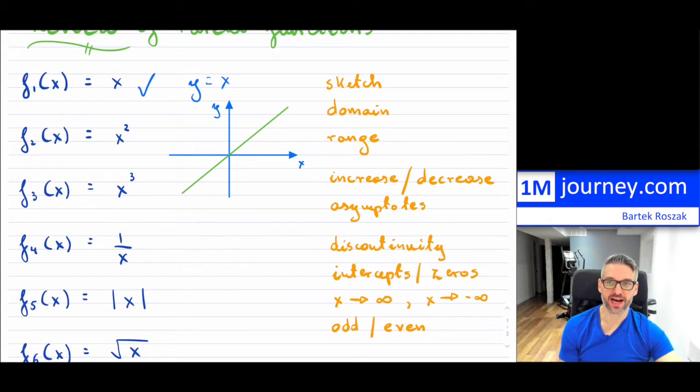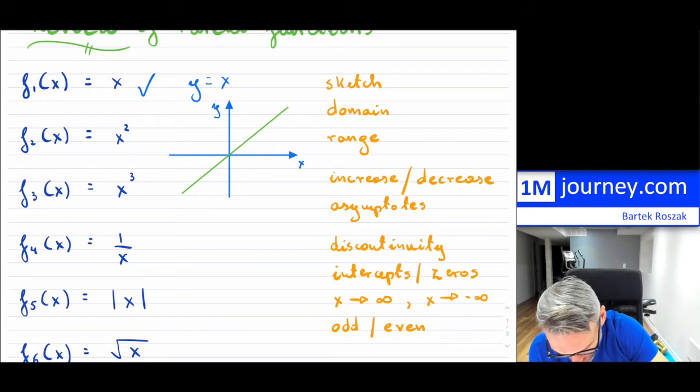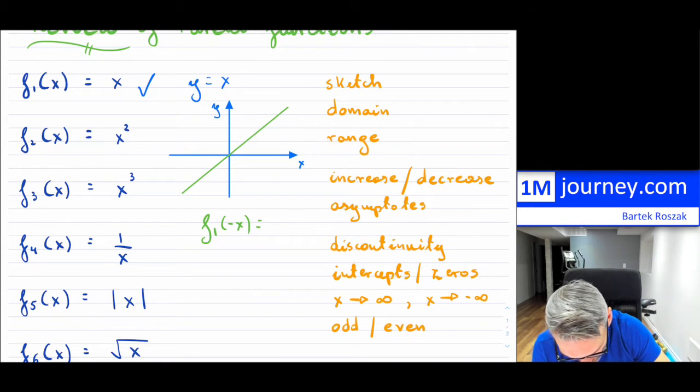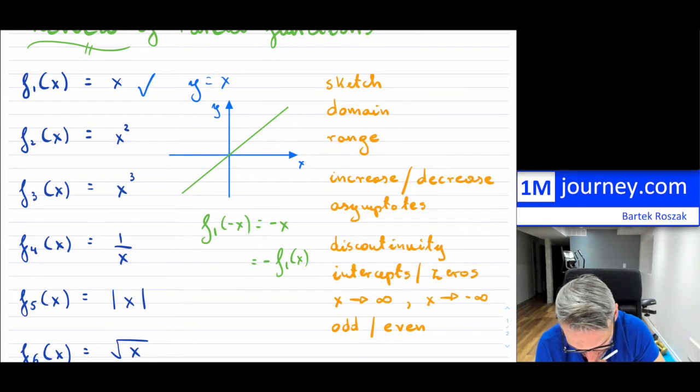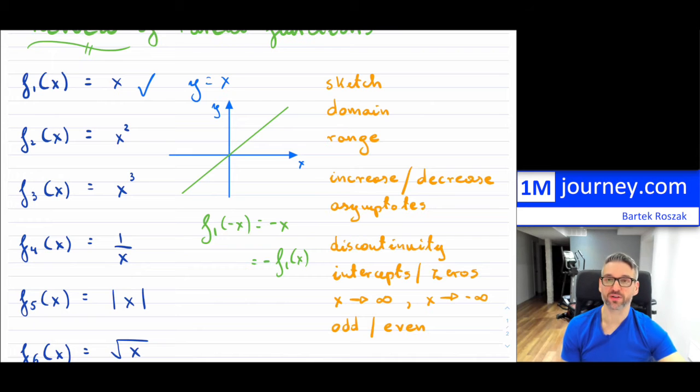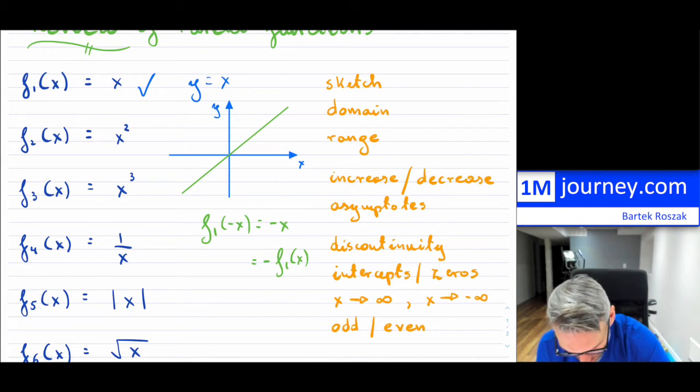Now, this is actually an odd function. Remember that if we substitute negative x into f1, we get negative x back, which equals negative f1 of x. That is the definition of an odd function. So that one is odd throughout. So that's the first one.